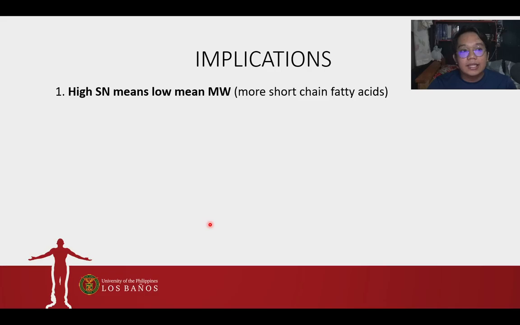So, yung ating triacylglycerol, if it has a fatty acid attached there na short yung chain niya, ibig sabihin, you'll have a more dense fat and oil. So, yung 1 gram of fat and oil mo, maraming available na short-chain fatty acid doon that can undergo saponification. That's why, ang implication niya ay you'll have a high saponification number.